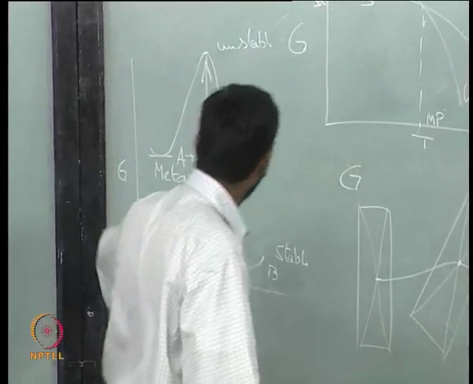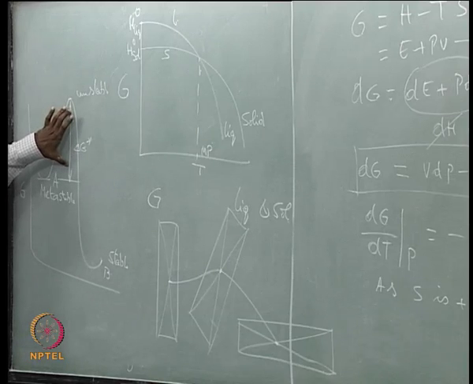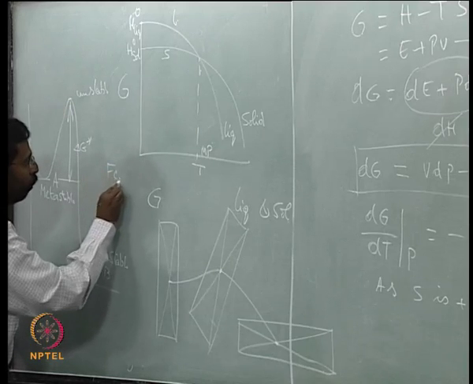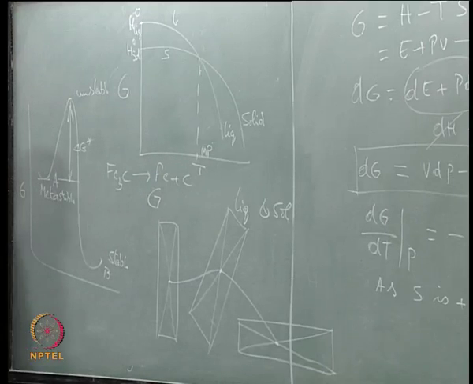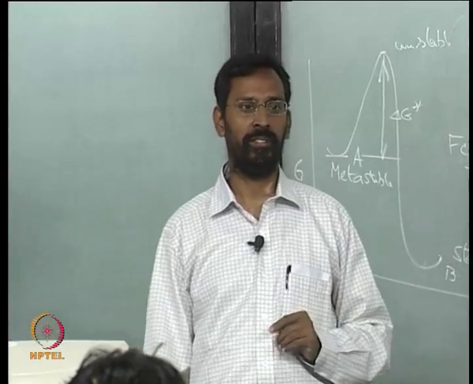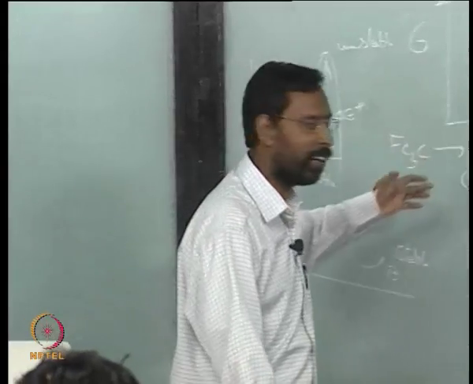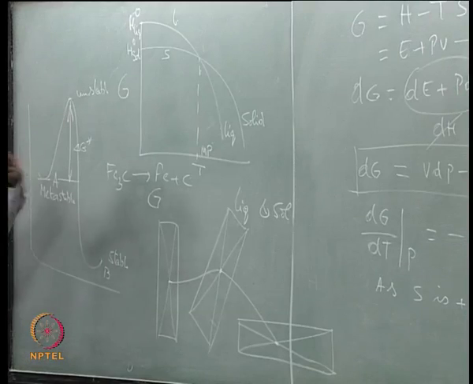Why? Because it has a large activation barrier for that Fe3C to split into iron plus carbon, and unless you provide that activation barrier it would not change. You provide that activation by heating the sample to a higher temperature.